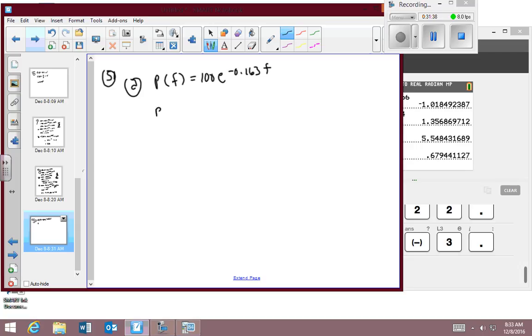So the percent at 2 feet is 100 e to the negative 0.16 times 2. So 100 e to the negative 0.32.